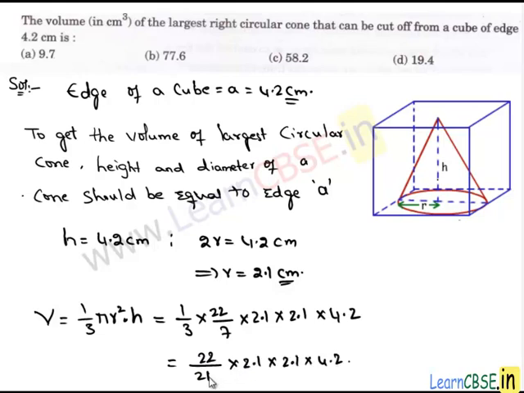Here in the numerator and denominator 21 goes in 2.1 times. By multiplying 22, 2.1, 4.2 and 0.1, we get the volume approximately 19.4 cubic centimeters, and it is equal to our option D.